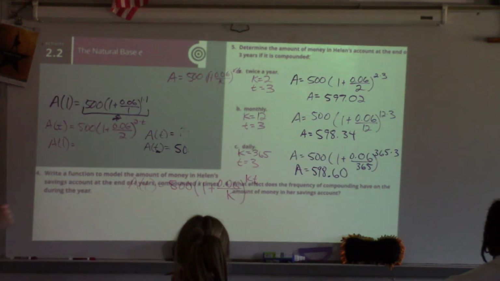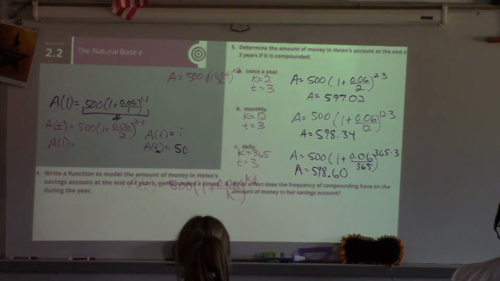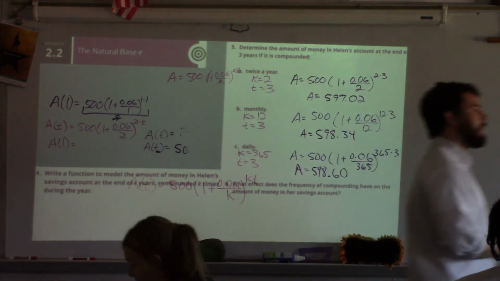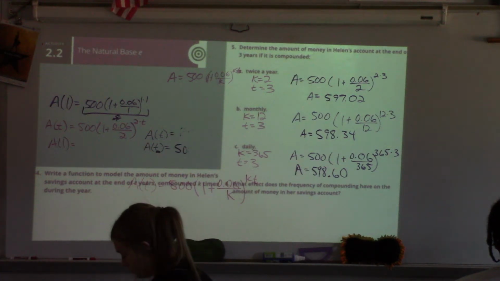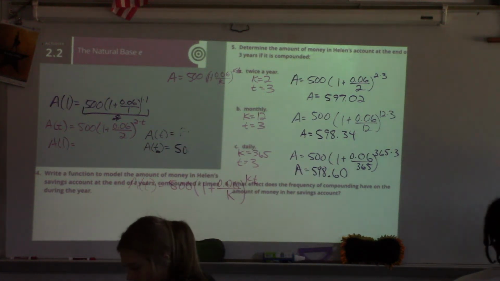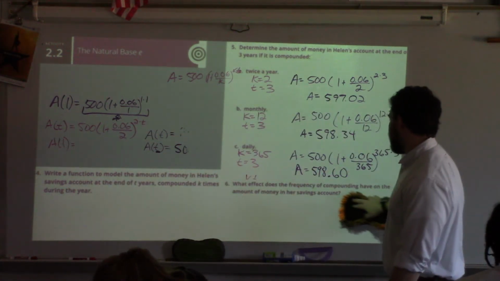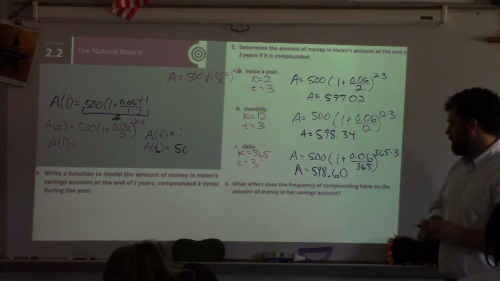So I want you to notice, does it increase when we compound more regularly? But does it slow down how quickly it's increasing? Yes. There's a limiting factor is what's happening here. We're about to look at what that limiting factor is. But number 6, what effect does the frequency of compounding have on the amount of money in her savings account? More frequent, more money.